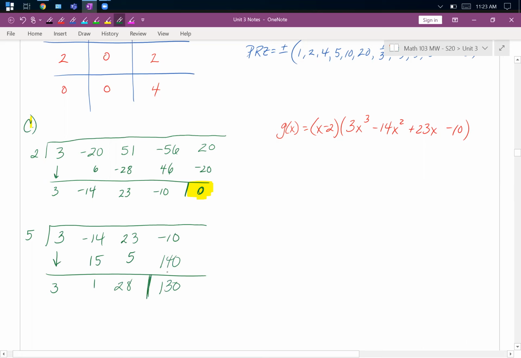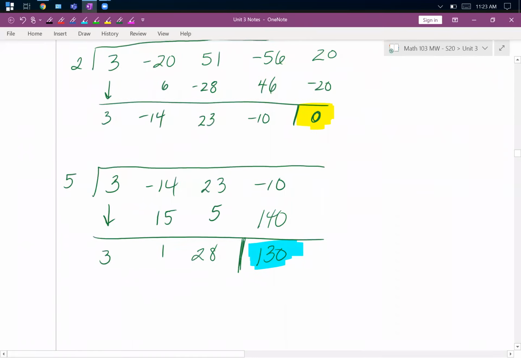We get a remainder of 130, so that does not work for us, but we can get some information out of this attempt. Notice that we divided by a positive number and our entire bottom row is full of positive numbers.